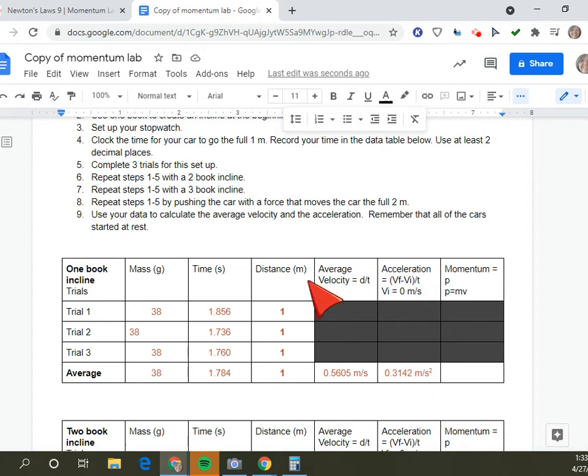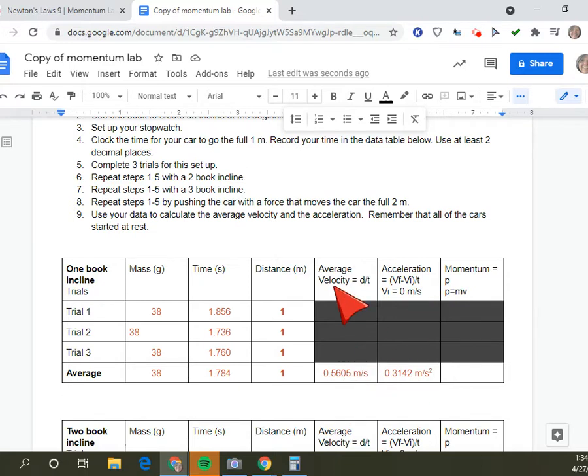Now let's take those words and digest them a little bit. If I have an average, you guys just told me that the average is to add up the numbers and then divide by the number of numbers. This average velocity is over the entire course of time. We're giving this as the velocity for that time.